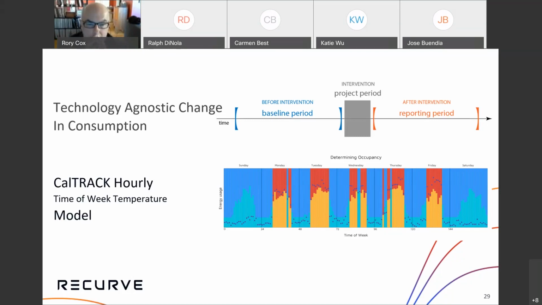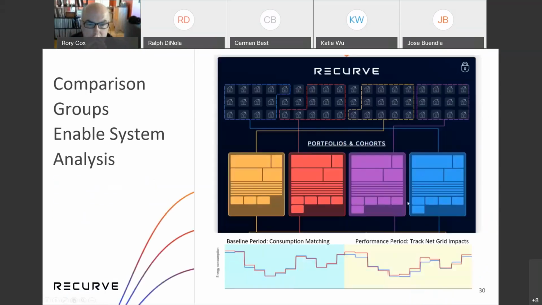Next slide, please. So once you have that grounding in the site-specific direct impacts of interventions, that also enables you to do a whole other set of analytics at the macro level with comparison groups or other population analytics. You can be looking at the relative impacts to the system.